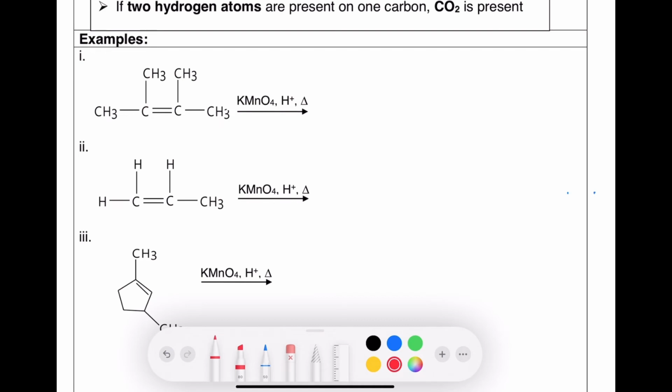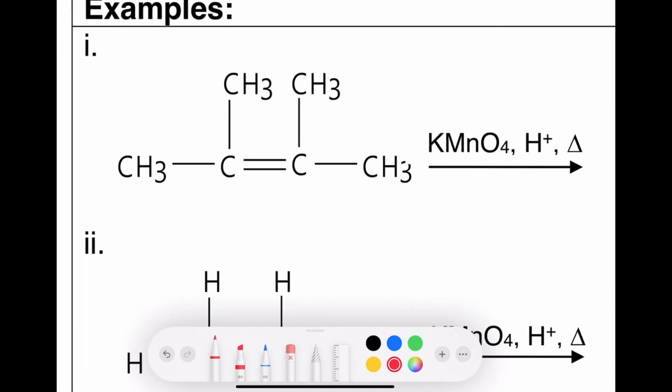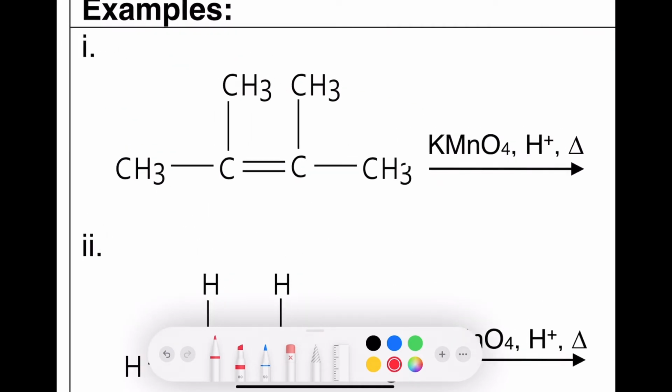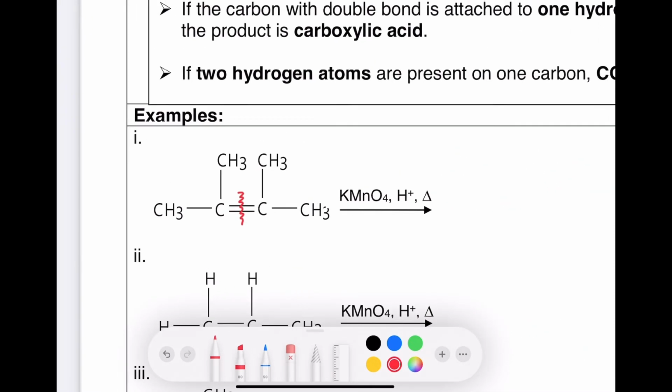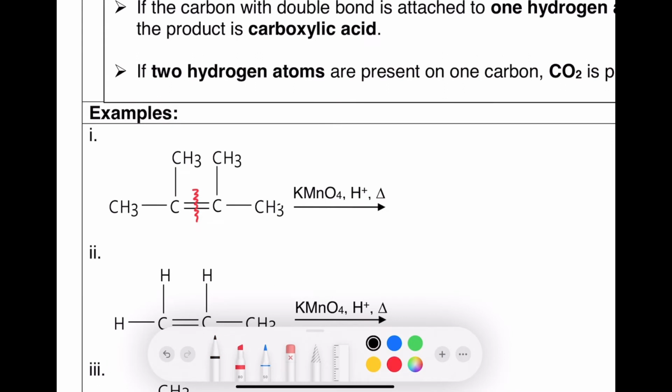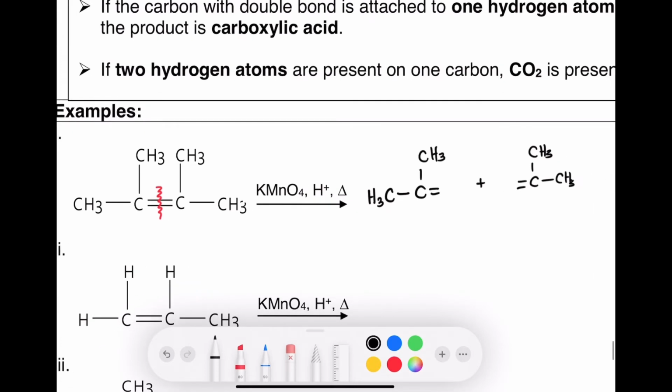In this example, we have this alkene, as you can see here. Therefore, the double bond will be broken, and you're going to get this.